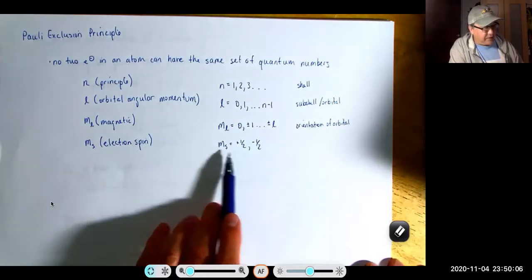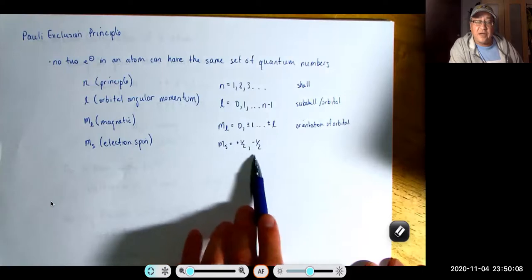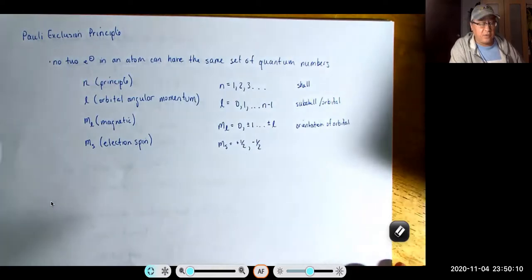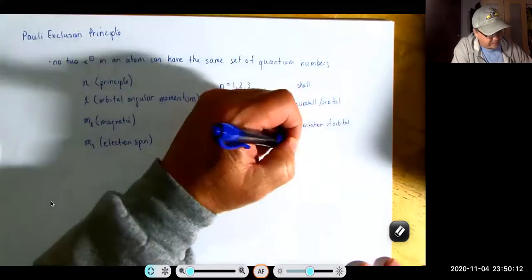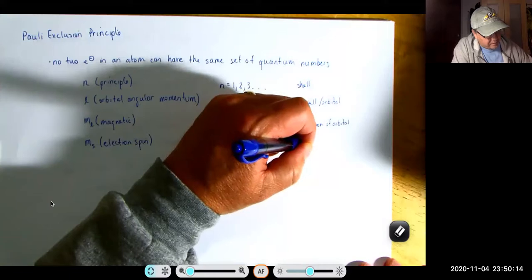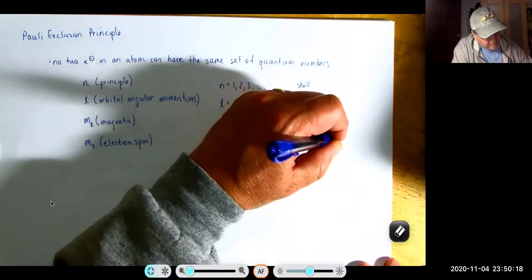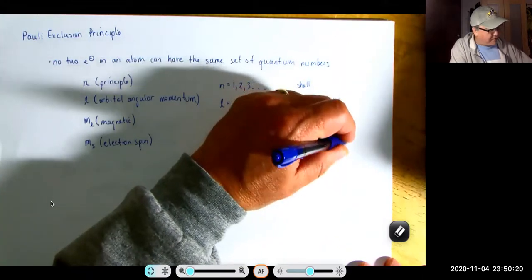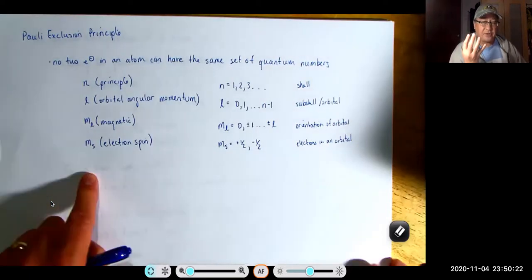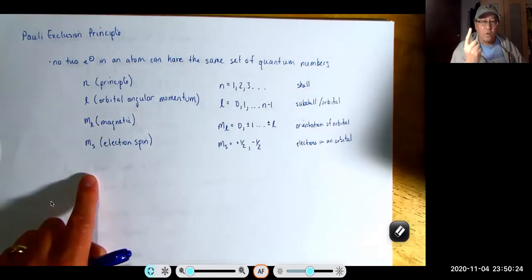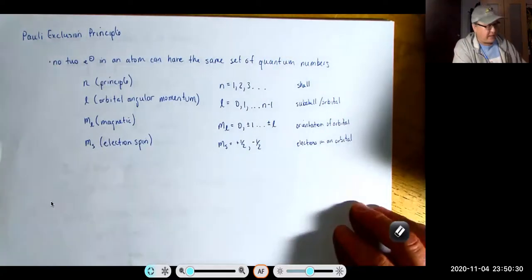And these are numbers assigned to actual electrons within an orbital. So if you have a full set of 4 quantum numbers, you are describing 1 electron. Again, if you have a full set of 4 quantum numbers, you're describing 1 electron in an atom.